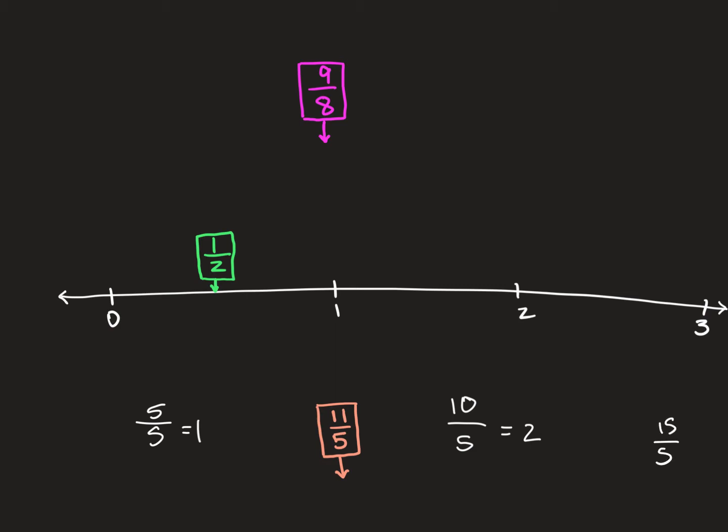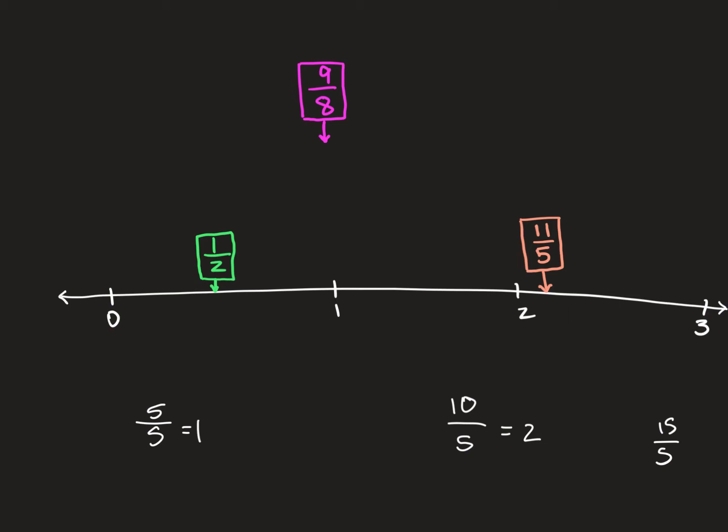So it's going to be somewhere in between 10/5 and 15/5, and this is 2 and this is 3, so it's going to be somewhere between 2 and 3. And is it going to be closer to 2 or to 3? Well, it'll be a little bit closer to 2 because 11/5 is just a little bit bigger than 10/5.